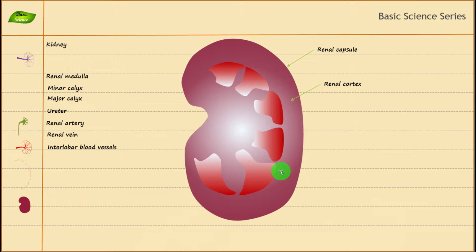But I do want to mention that ultrafiltration is the process that takes place in renal cortex. So if someone is asking you where the ultrafiltration process is taking place inside the kidney, you can immediately answer the renal cortex. Okay, and I've already told you that this is the outer portion, which is basically in between the renal capsule and the renal medulla.